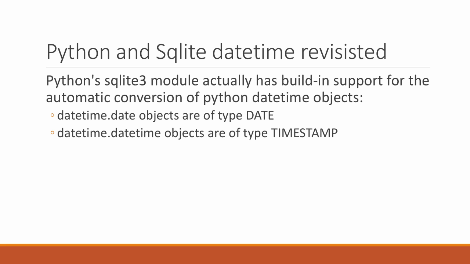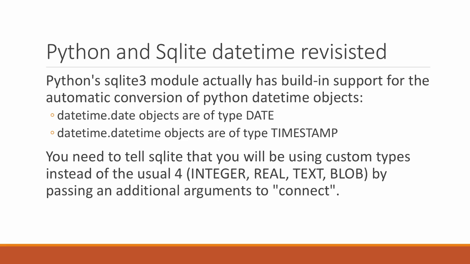There's also a custom data type called timestamp that can hold datetime.datetime objects. These are ways to represent these Python objects inside of SQLite. However, the kind of annoying thing is, in order to use these automatic conversions, there's a bit of additional arguments you have to pass to the connect function of the sqlite3 module, which I'll show you in a little bit.